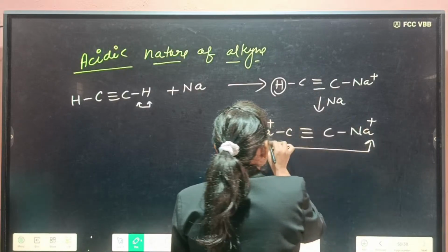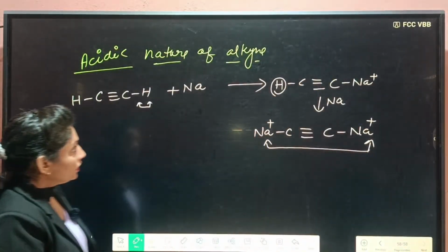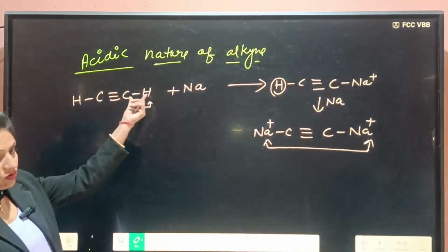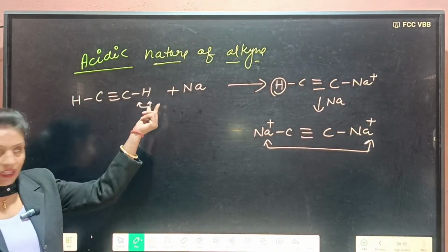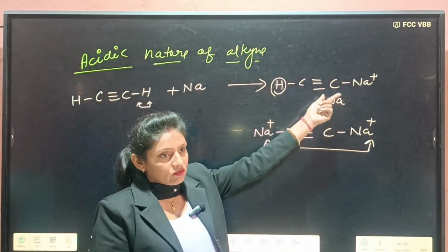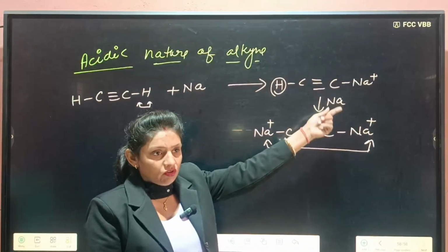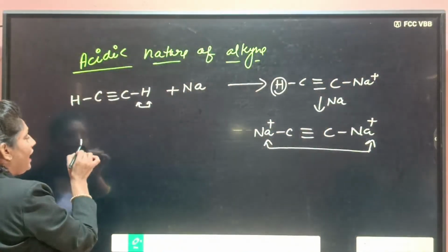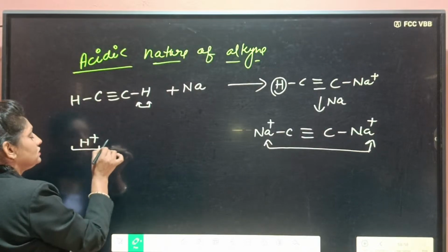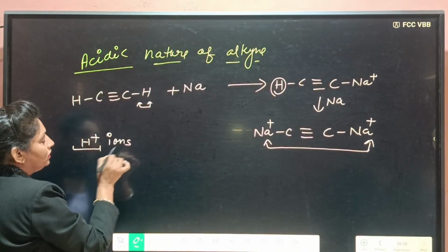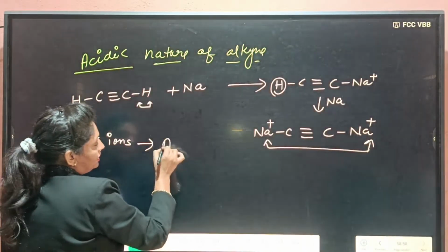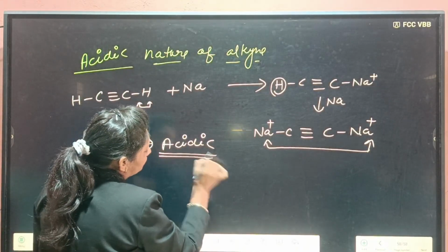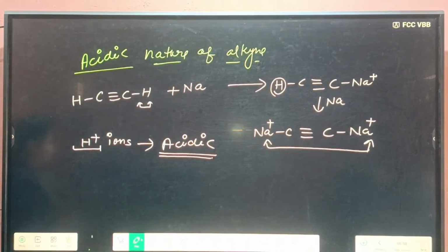Formation of this shows that it is acidic, because when this hydrogen is removed, then sodium can replace it, otherwise not. Clear or not? And students, substances which give H positive ions in aqueous solution are known as acidic.